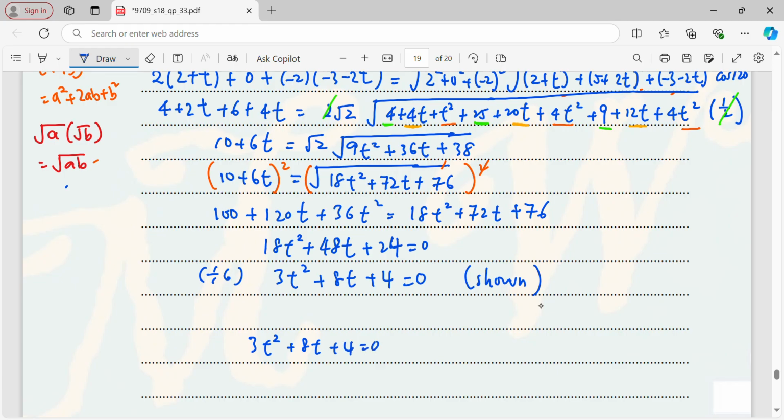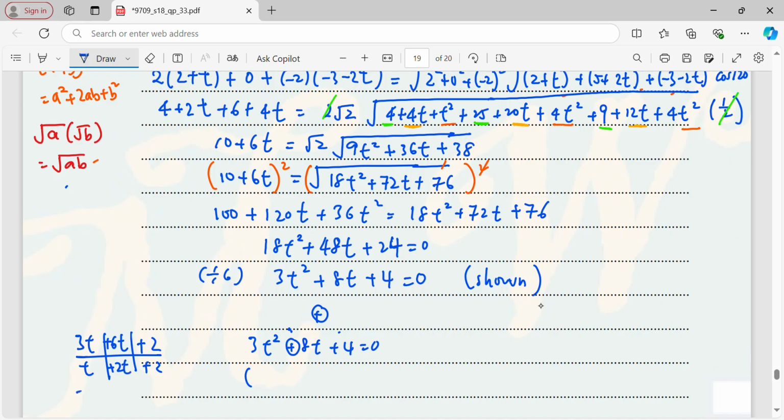I can factorize this into two terms, or you can just use this method. 3t times t will be 3t squared, plus times plus will be another plus. So plus plus for both. Then to get 4, it will be 2 times 2. So 3t times plus 2, it will be plus 6t. t times plus 2, it will be plus 2t.